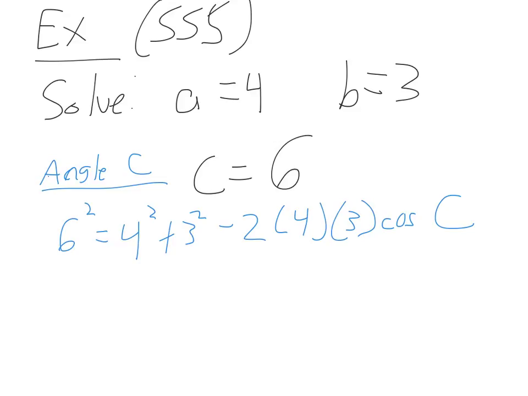So now if you want to simplify that, 6 squared is 36, 4 squared is 16, 3 squared is 9, so 16 plus 9.